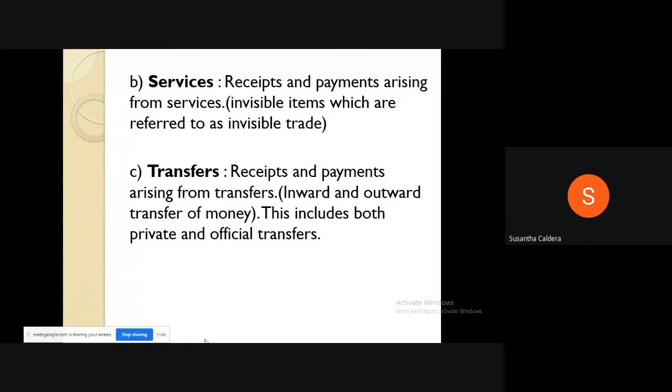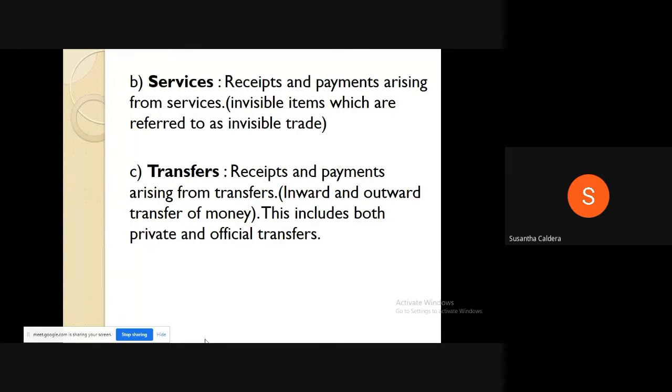So these are invisible items, which are referred to as invisible trade.